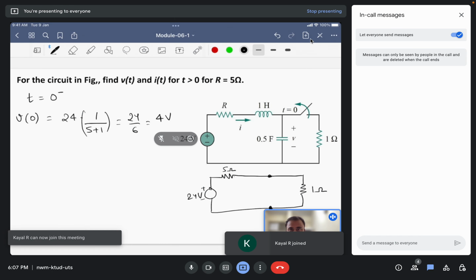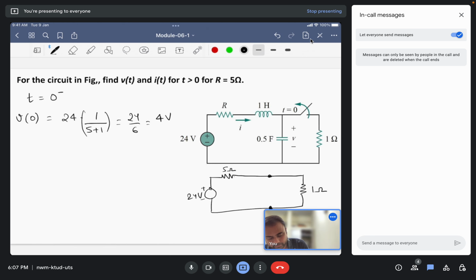And also we need to find the current I at initial time, that is 0 seconds. So I at 0 seconds, we have to also determine the value of I. The value of I will be the total current drawn by the two resistors, that is 5 ohm and 1 ohm. So that will be 24 divided by the sum of the equivalent resistance in series.